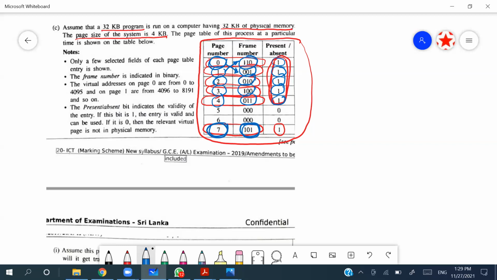And the virtual addresses, it says on page 0 are from 0 to 4095, and page 1 from 4096 to 8191. So what they have given is about the page.